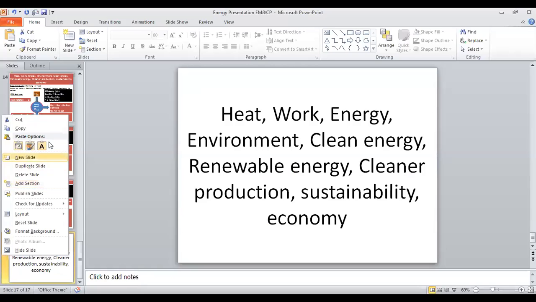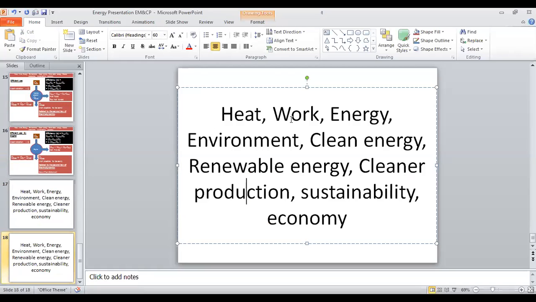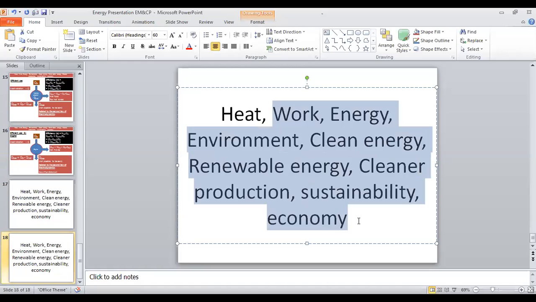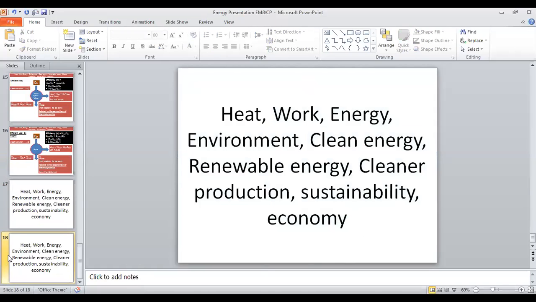So let's take some thermal processes today because we couldn't complete the piece for our subject area we worked on last week, that is heat, work, energy, and also the environment and clean energy.